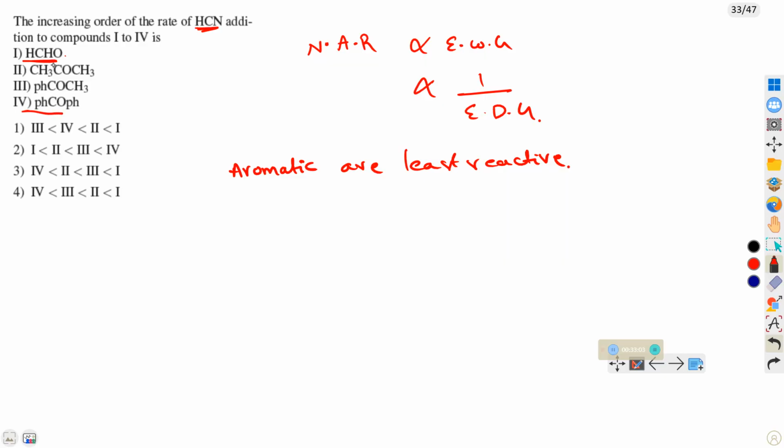Starts with 4, ends with 1. 4 after 3. Fourth option.